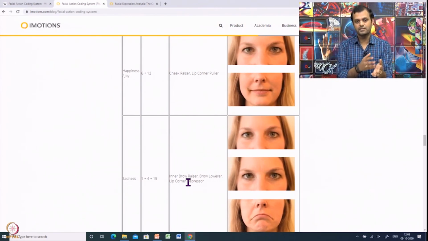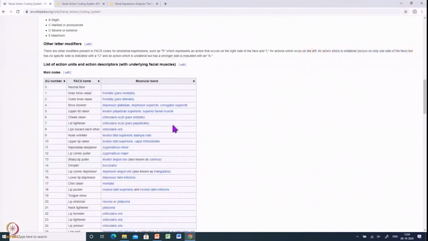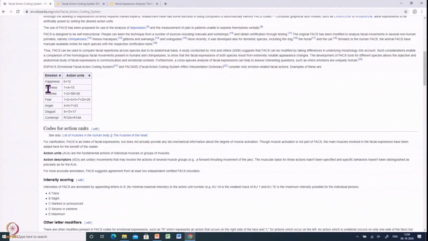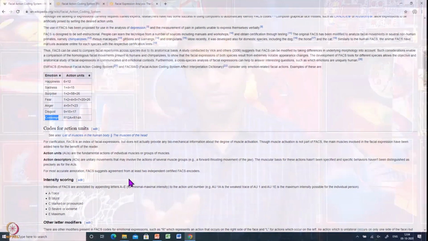This combination of three is sad, that combination is happiness. Then you get happiness, sad, surprise, fear, anger, disgust and contempt. Contempt, the seventh one, was recently added. There are 6 basic emotions which Paul Ekman suggested in a 1960s paper. Using this work you can actually detect human emotions.